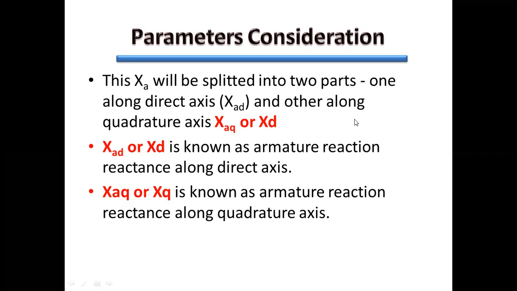As per Blondel's two-reaction theory, this XA, armature reaction reactance, will be split into two parts. One along the direct axis, which is denoted by XAD, and one along the quadrature axis denoted by XAQ or XQ. So XA will be a combination of XD and XQ, the reactance offered along the direct axis and the reactance offered along the quadrature axis.